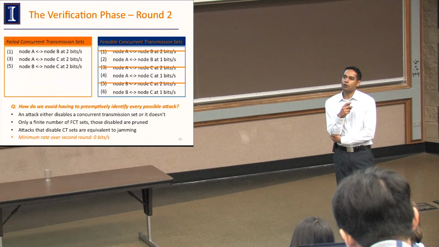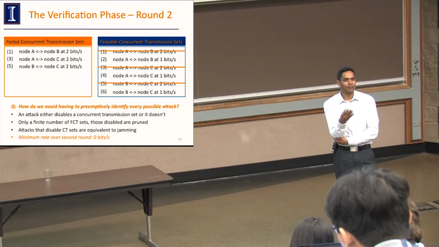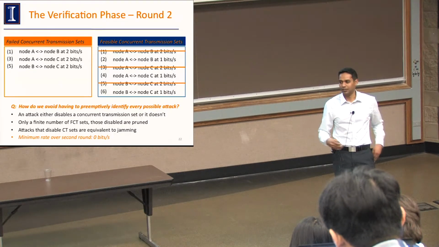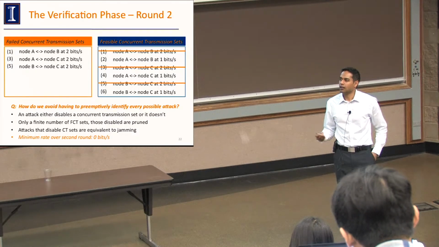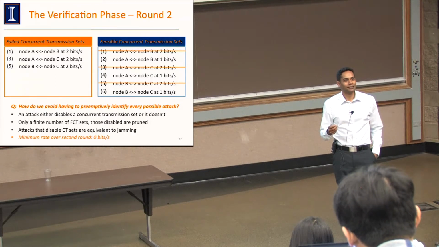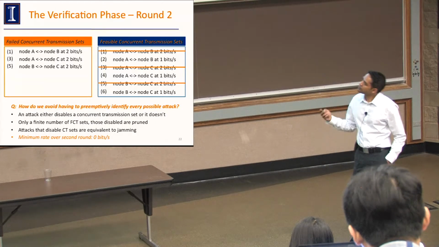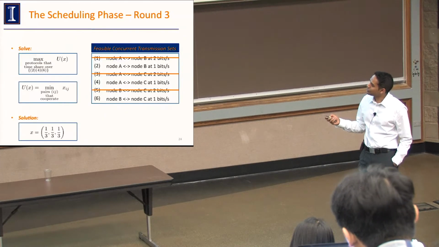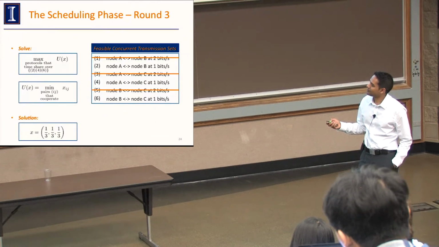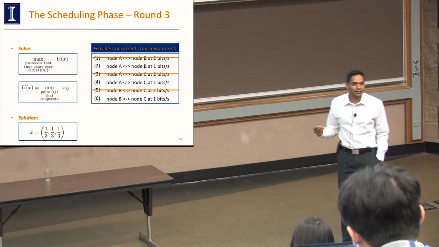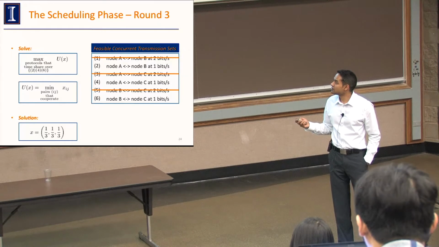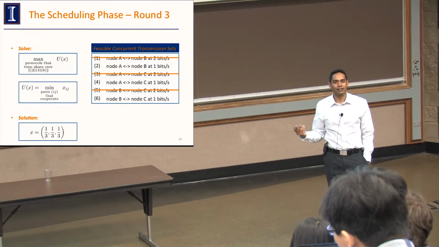And so although the list of possible attacks might be infinite, you can't characterize it perhaps, but its effect is finite, because there's only a finite number of concurrent transmission sets. And concurrent transmission sets that are disabled by an attack are pruned.